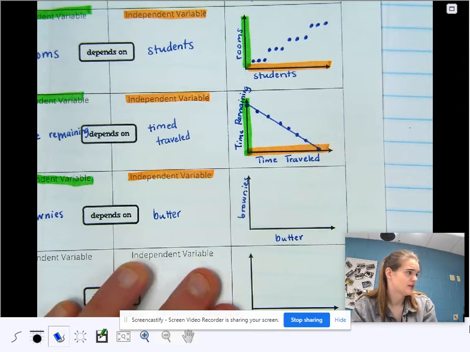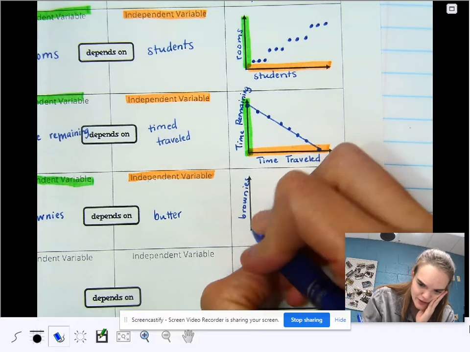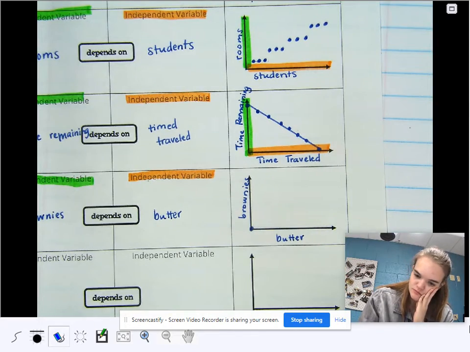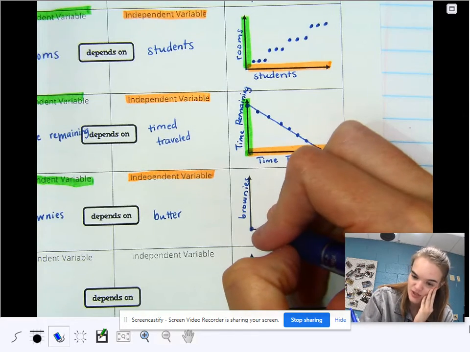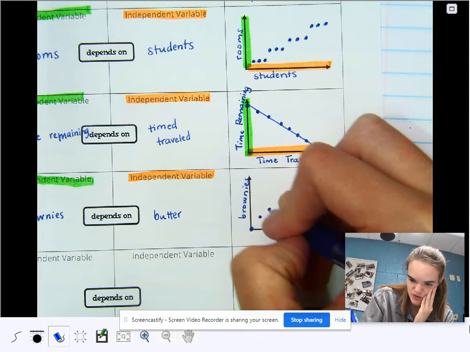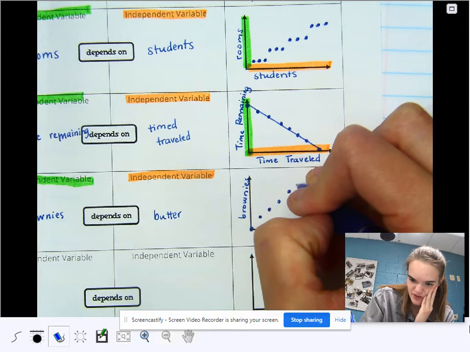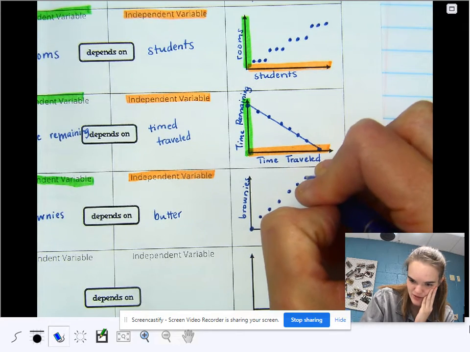All right, let's think about it. If I have no butter, I cannot make any brownies. If I have, let's say, 1 stick of butter, I can make some brownies. I've got 2, I can make some more. 3, I can make some more. 4, I can make more. So basically, the more butter I have, the more brownies I can make.